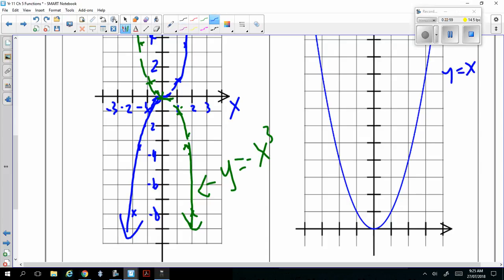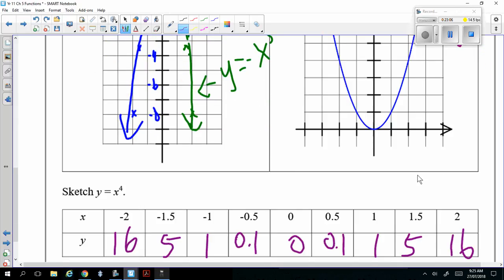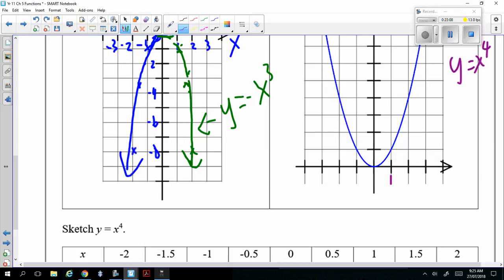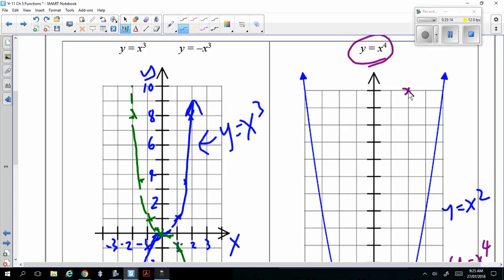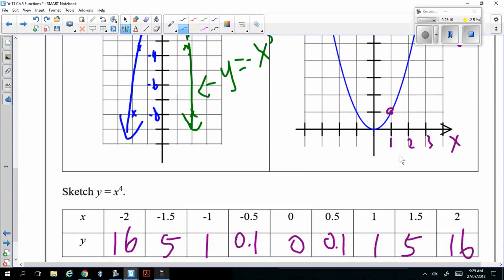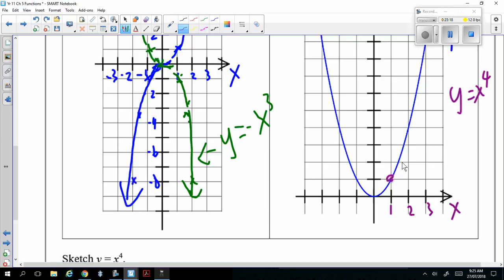So 1, 2, 3, x. Put a dot there. 2 is 16. And then 1.5 is about 5. 2, 4, 5. Something like that. Okay, good.